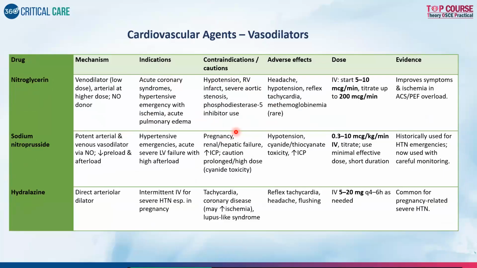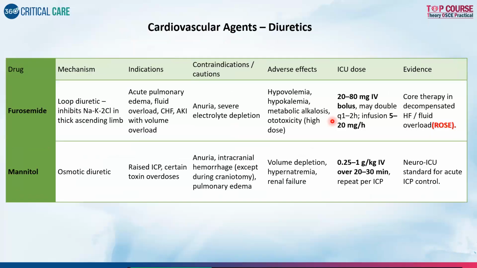And it should not be used along with phosphodiesterase 5 inhibitors. Headache, hypotension, reflex tachycardia, it might cause methemoglobinemia in rare situations. It is started as a 5 to 10 microgram per minute IV, and titrated up to 200 microgram per minute. And the evidence is it improves symptoms and ischemia in case of ACS and overload state.